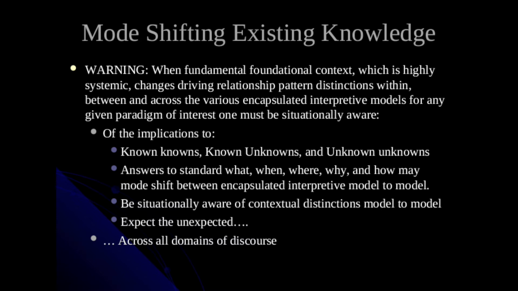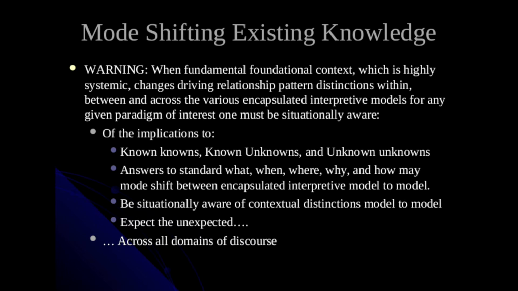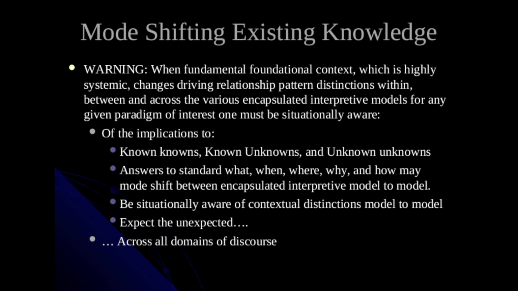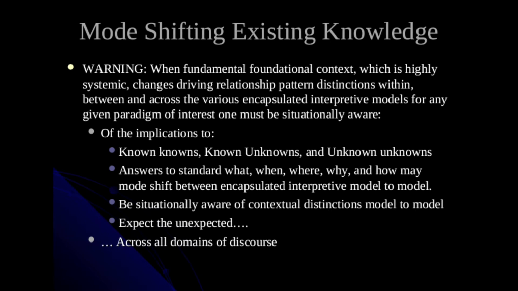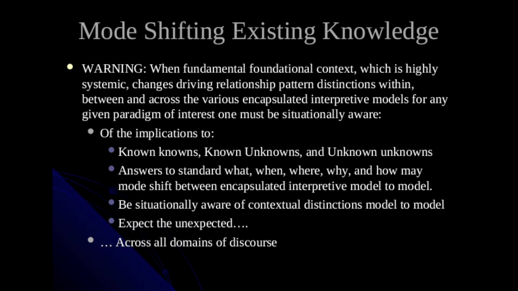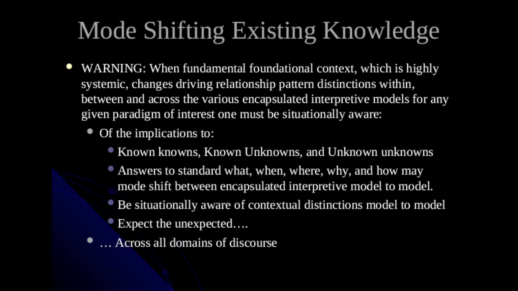And so you need to be situationally aware that the known knowns, the known unknowns, and the unknown unknowns may have different constituents within those sets, those mathematical sets, if you considered them a mathematical set. And also the standard answers to what, when, where, why, and how may mode shift between those models, model to model. And I'll give you an example, is Newton's laws.